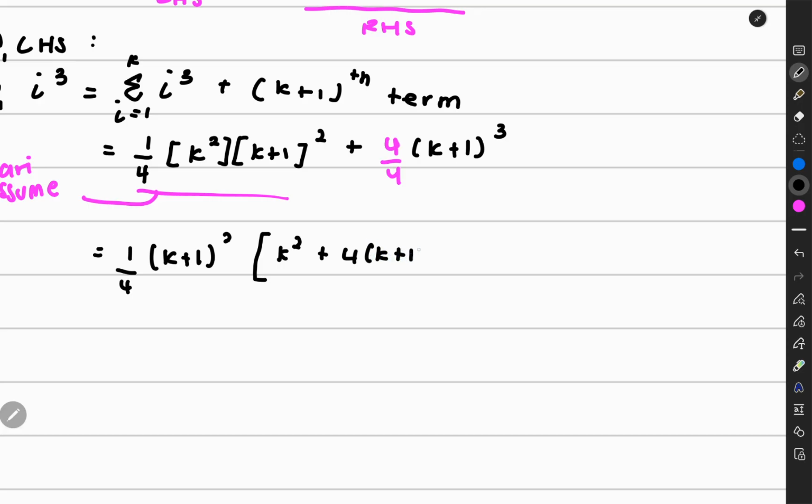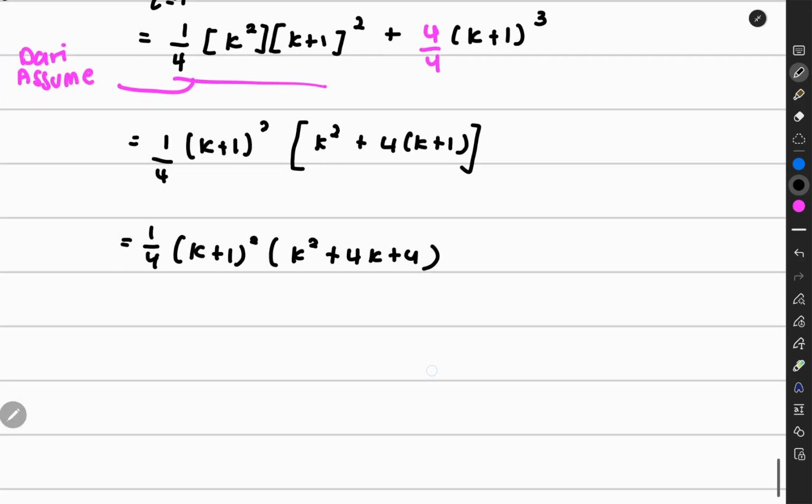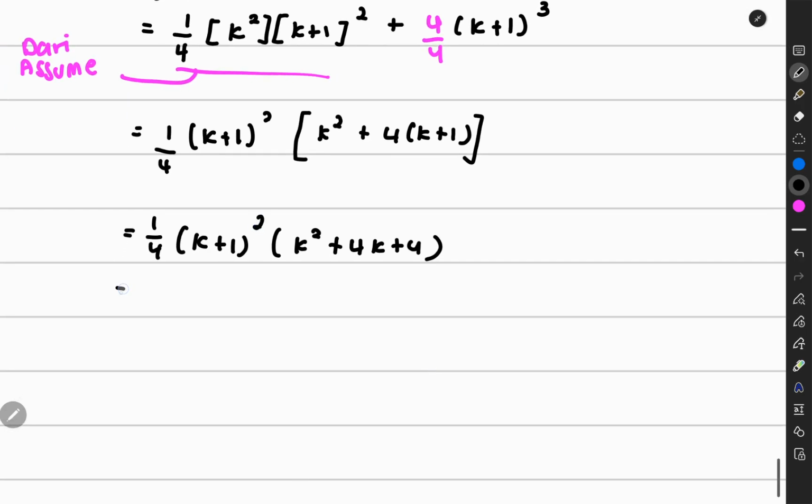Alright, then simplify inside this. Here you have k plus 1 to the power of 2, and k squared plus 4k plus 4. You can simplify further, which then becomes 4 (k plus 1) to the power of 2.